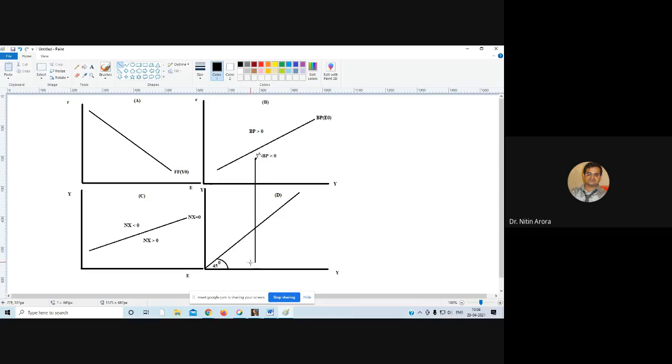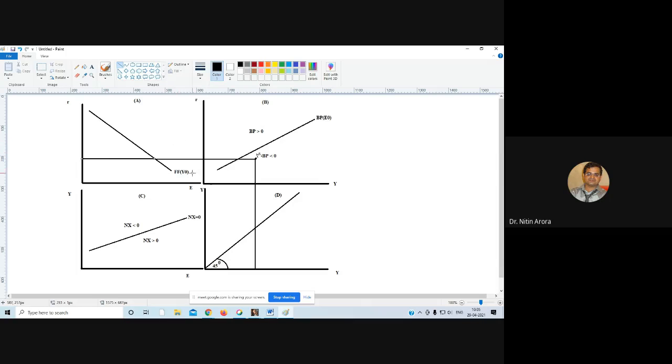At point M, BP will be in deficit because if I draw lines like this, the interest rate is this much, R naught.